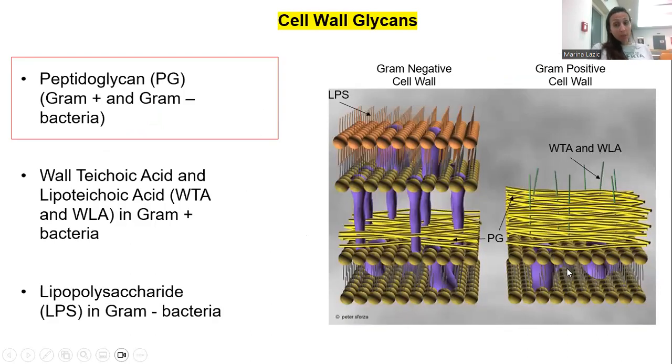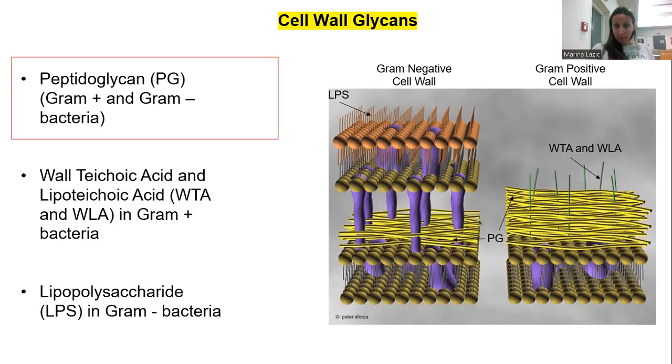In terms of cell wall glycan, the first glycan that we have to cover is, of course, peptidoglycan. It's a big component of cell wall present in both gram-negative and gram-positive. As we know, in gram-positive, it's a very thick layer. In gram-negative, it's very thin, in between two membranes. Then we will also talk about teichoic acids. As we know, there are lipoteichoic and teichoic acids, depending on which part of the bacterial cell they bind.